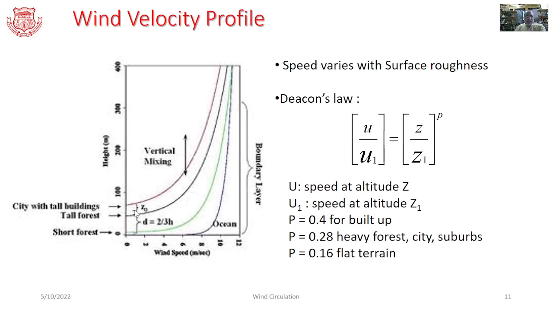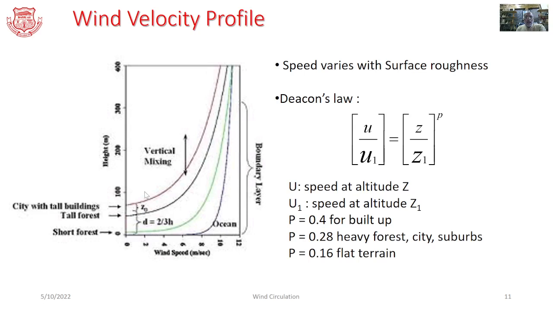So as you see in this sketch, even for a small height of 100 meters, certain tall buildings, tall forests, etc. may reduce the wind speed considerably.